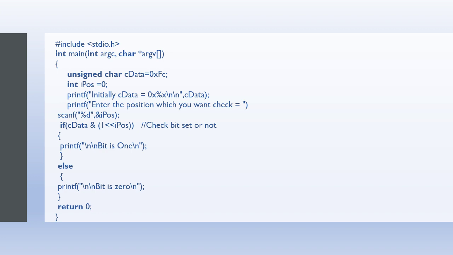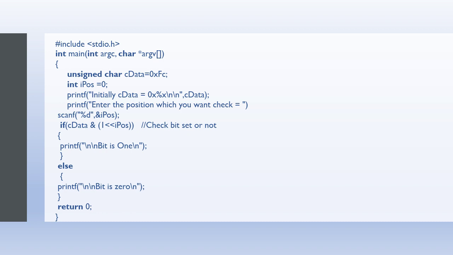I want to enter which position, I scan for the position, and then if c_data & (1 << i_position), check whether the bit is set or not. Printf "bit is 1", else printf "bit is 0". This is how we check whether the bit has been set or not. So try it with your compiler. There may be little minor changes depending upon the compiler.